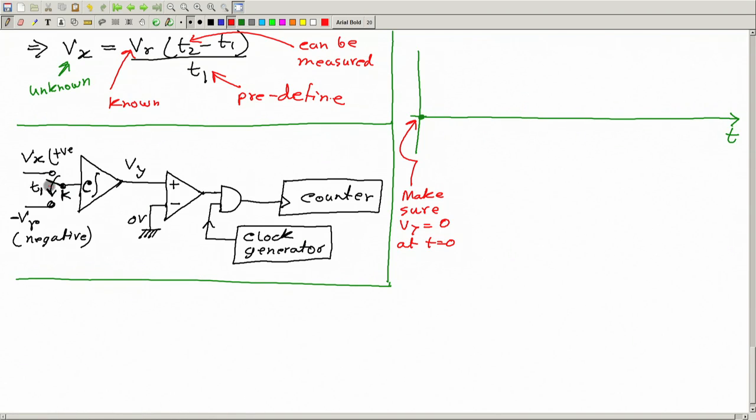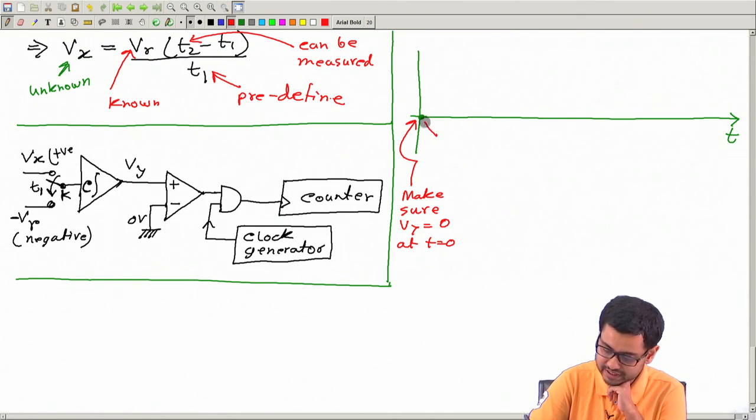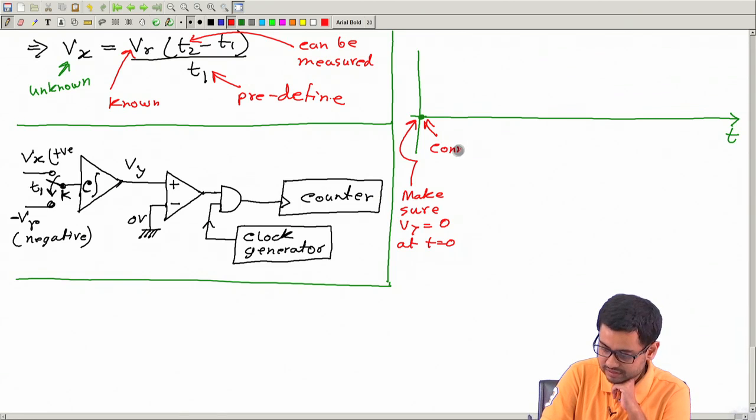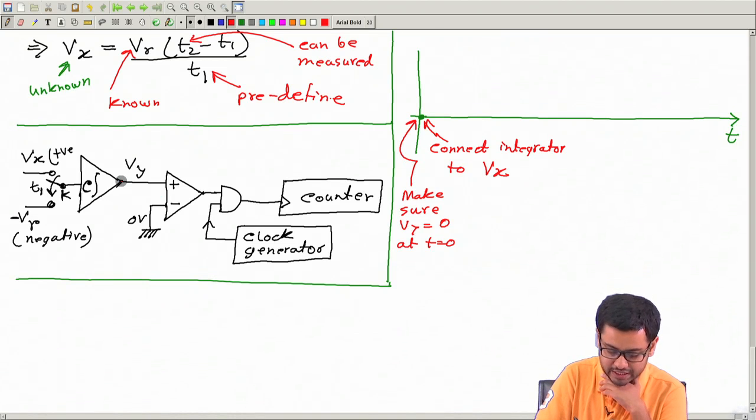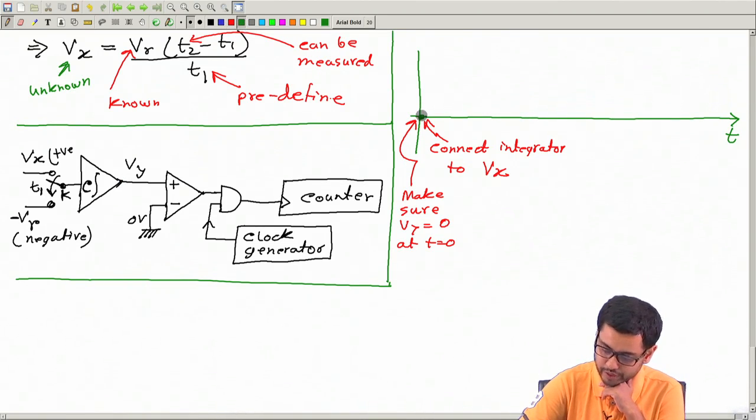Then at this moment we will connect the integrator to Vx. So at this moment we will also connect the integrator. Therefore, Vy will start to grow like this.